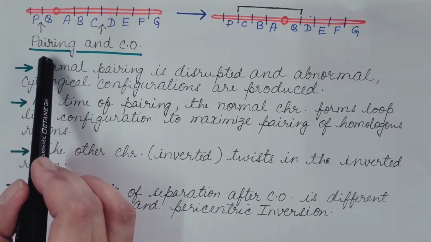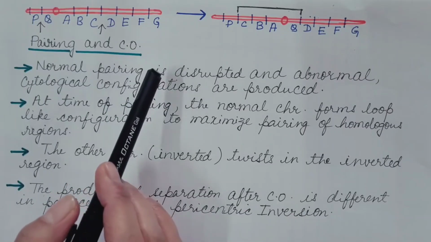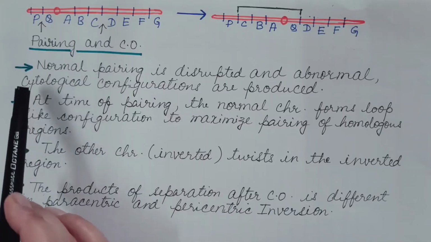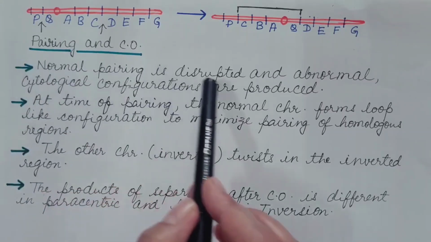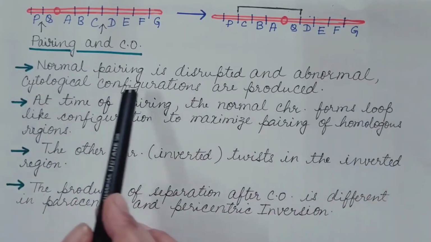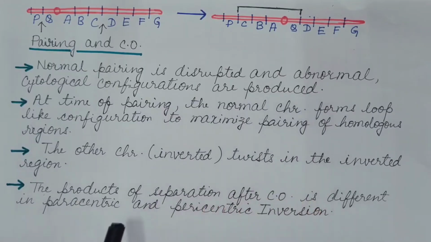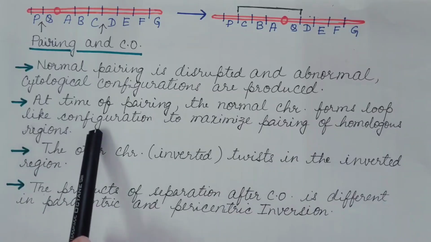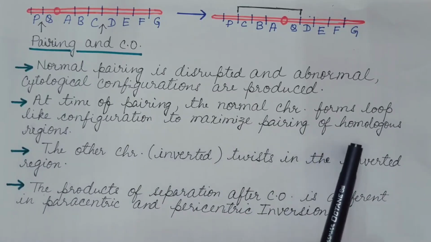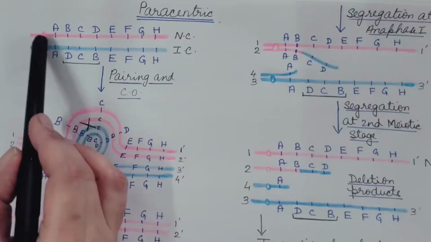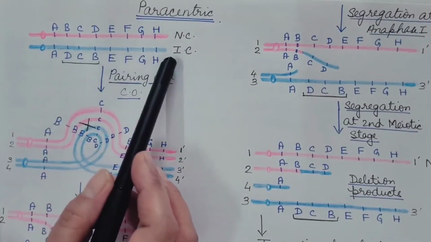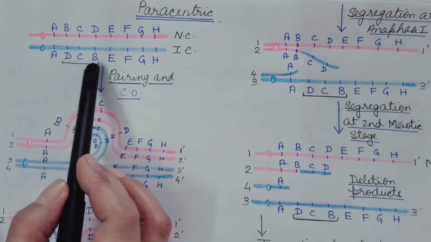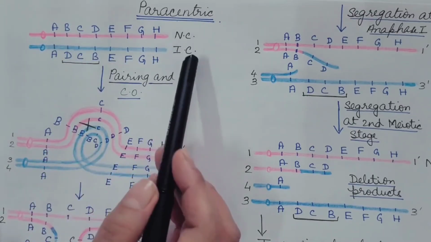Now let us see how the pairing and crossing over takes place between the normal chromosome and the chromosome containing the inverted segment. The normal pairing is disrupted and abnormal cytological configurations are produced. At the time of pairing, the normal chromosome forms a loop-like configuration to maximize pairing of homologous regions. This is the normal chromosome and this is the chromosome having the inverted segment. This is the inverted segment, its sequence is DCB instead of BCD in the normal chromosome.